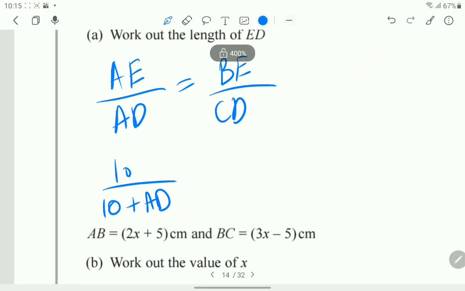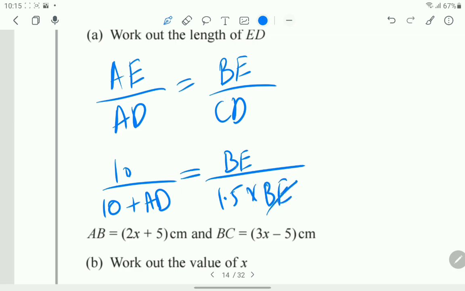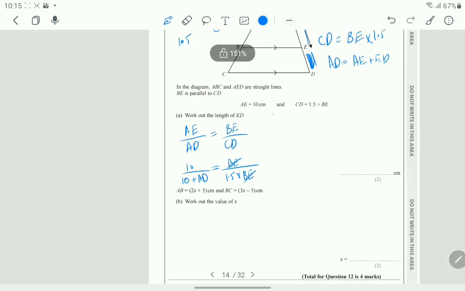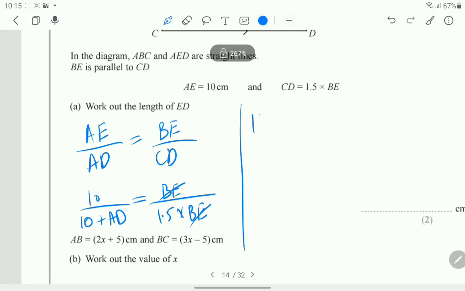Here we have BE divided by 1.5 times BE, and we can cancel this out. Then we have 10. Oh, I made a mistake. This is ED, as I told you before.